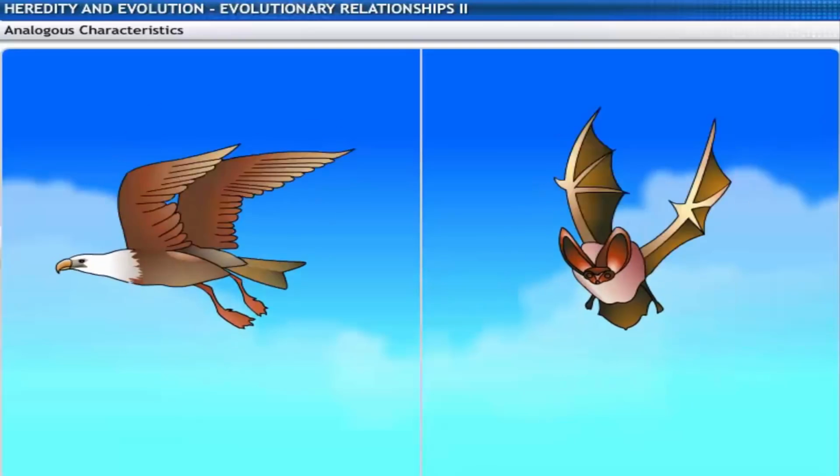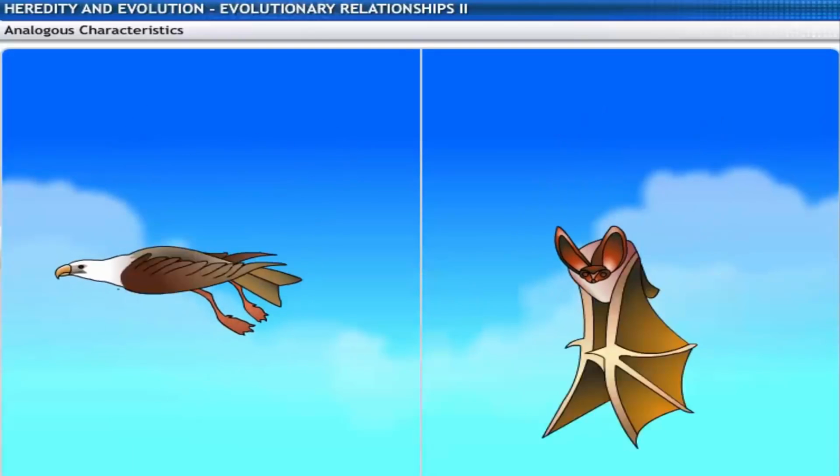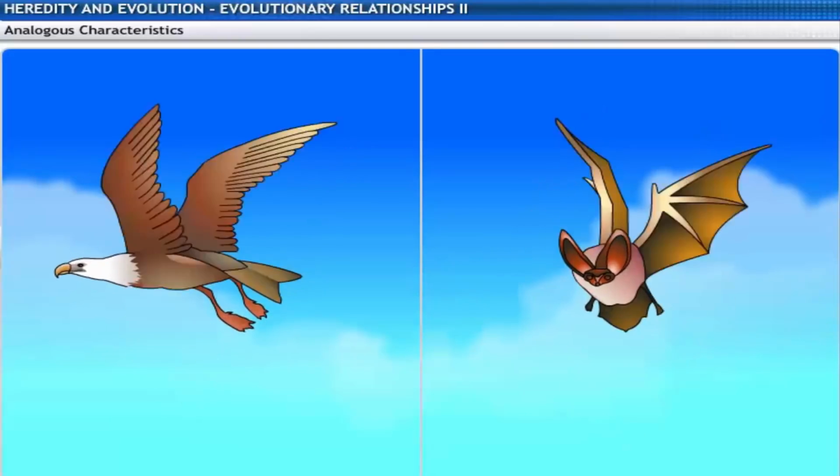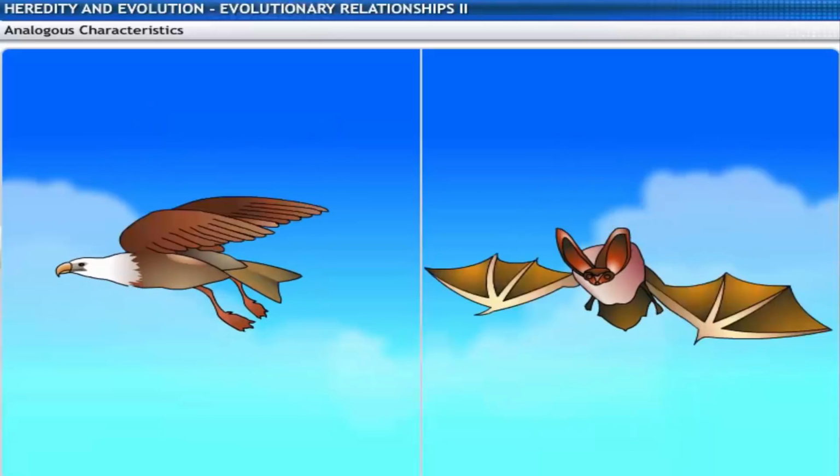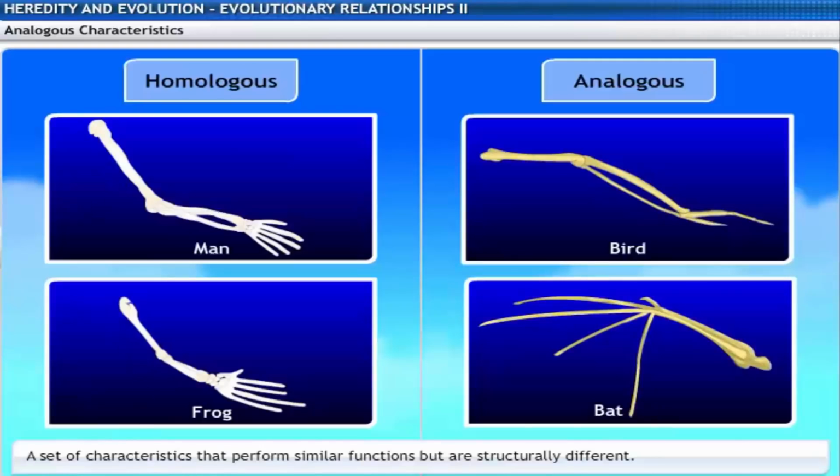Therefore, although their origin is not common, they serve similar functions. This makes it an analogous characteristic rather than a homologous characteristic. Thus, homologous characteristics and analogous characteristics help us trace evolutionary relationships. They are evidence of evolution.